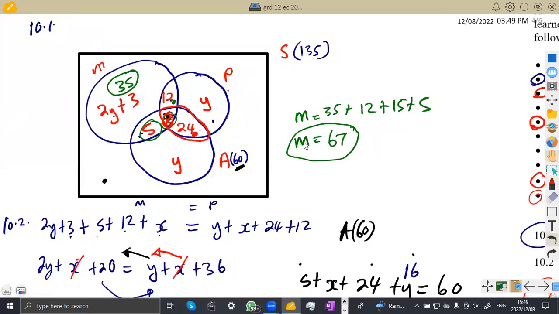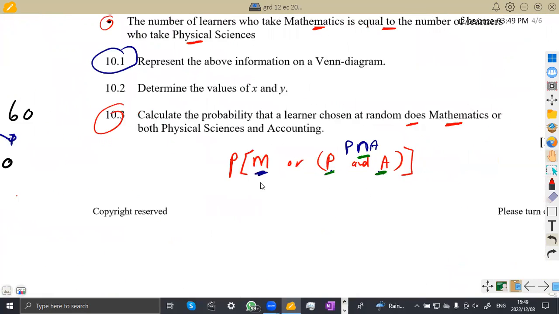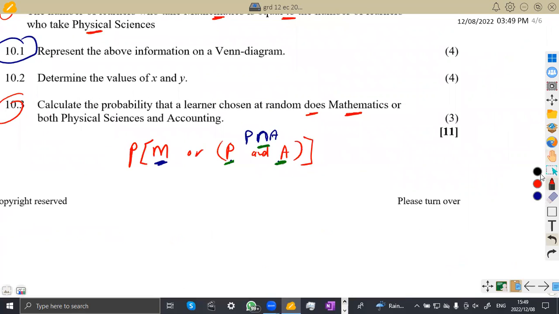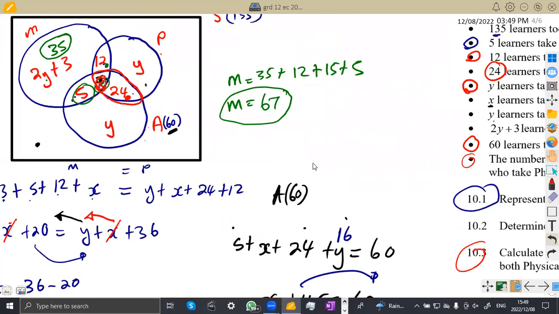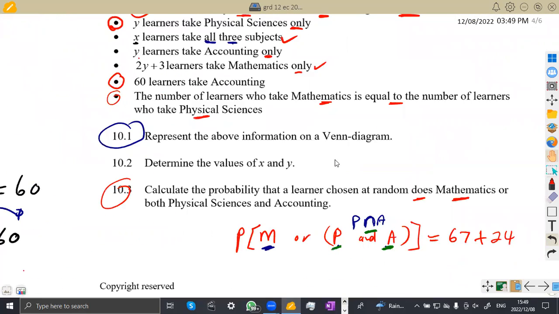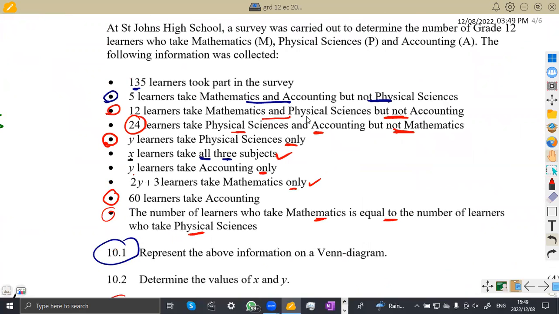So at the end, our probability is going to be 67 for maths plus 24. Did we say 24? I'm now confused, guys. It's been long. Okay, it's 24. Over the total of the elements, whereby we've got 135 learners in the survey.